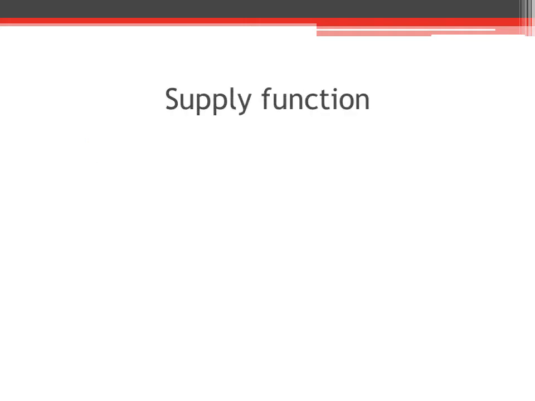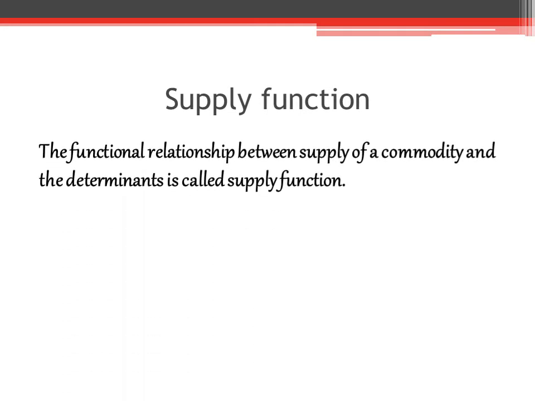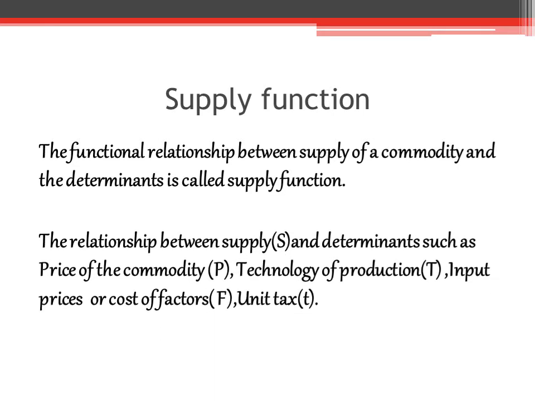The next topic is supply function. The functional relationship between supply of a commodity and its determinants is called a supply function. We have discussed demand function. Like that, it is the functional relationship between supply and its determinants. What are the determinants?